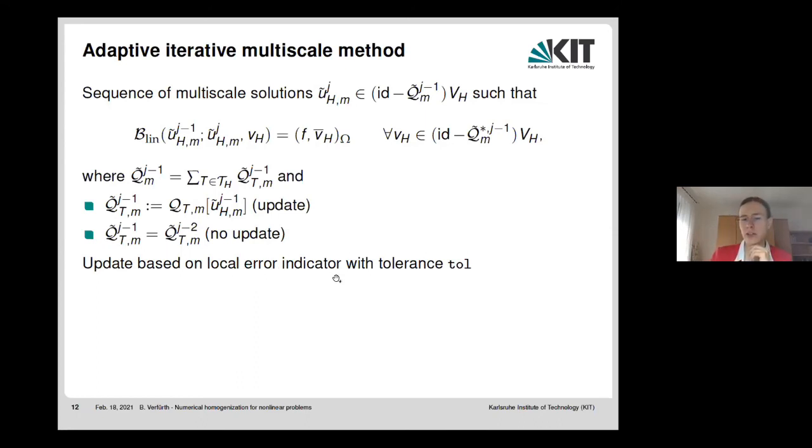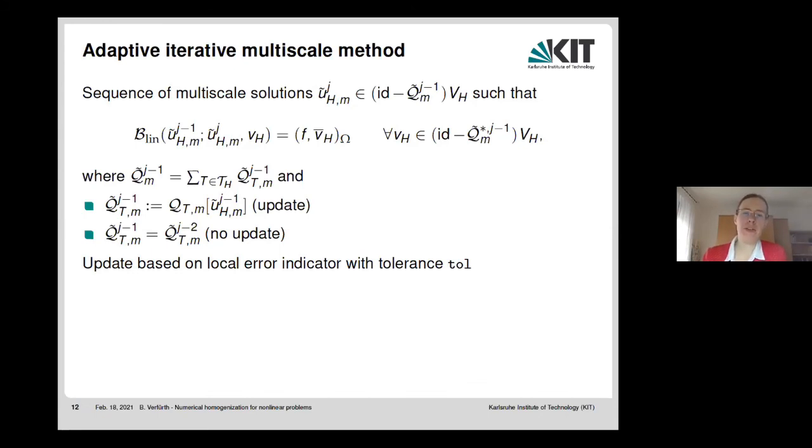So it is a local error indicator, and then a standard adaptive approach: into your algorithm, you feed in a tolerance tol, and if the local error indicator is smaller than the tolerance, this means that you don't have to update because the error is small, and if it's larger than the tolerance, then you update.